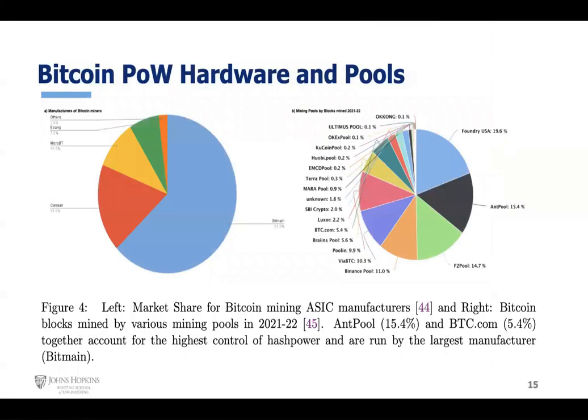So let's look at this particular image, which is actually quite important for this work, where on the left is the major manufacturers of Bitcoin hardware. There's only 3 or 4 big players that manufacture most of the devices. And then on the right, you have mining pools. And as you can see in the image, 2 of the biggest mining pools are run by device manufacturers.